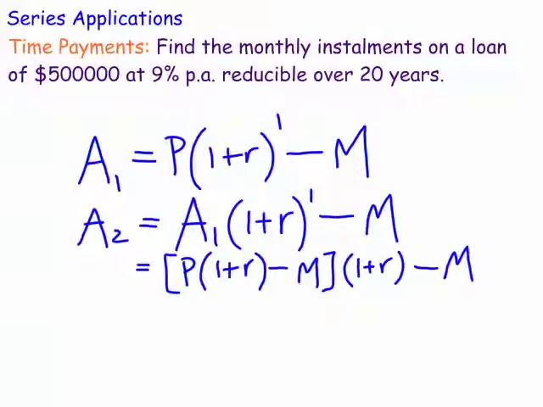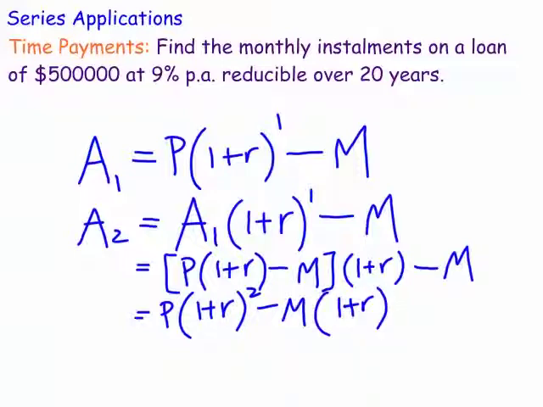Okay, what do I do now? Well, I just expand this out and I'll get my principal compounded, you can see here, P(1 plus R) times (1 plus R), that's (1 plus R) squared, minus my monthly installment times (1 plus R). So one of my monthly installments has some interest accumulated or attached to it, if you like.